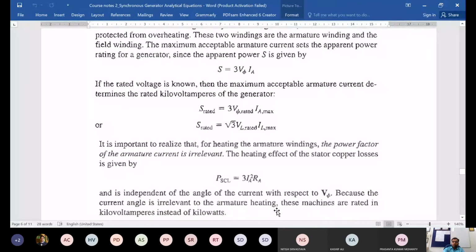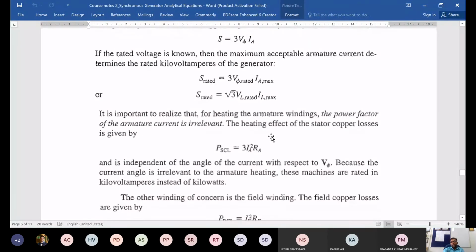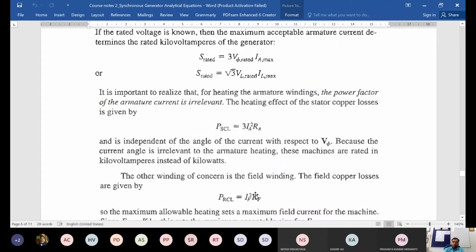Okay, so where does the power factor come into the picture? The limitation on the rated power factor comes through the other winding, which is the field winding. Similarly on the field, this is the DC current IF, and IF square RF is the copper loss occurring in the field winding.